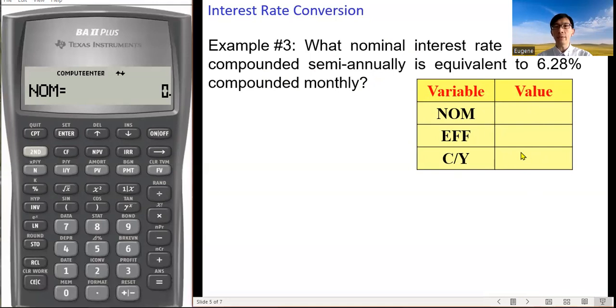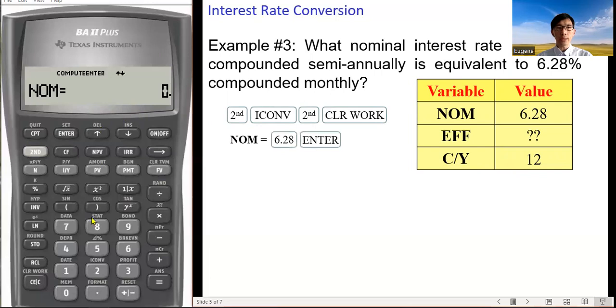Key in the given nominal interest rate, 6.28%, and then convert this to an effective interest rate. CY equals 12, because this nominal interest rate is compounded monthly. Find the effective interest rate using the calculator. The nominal interest rate, 6.28.